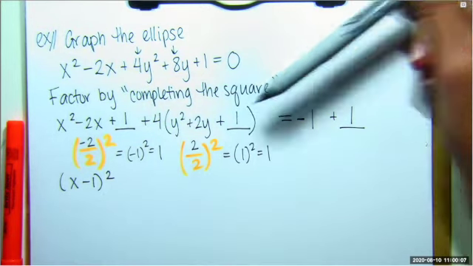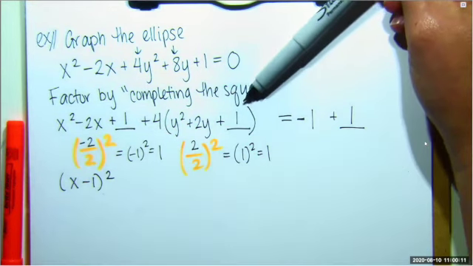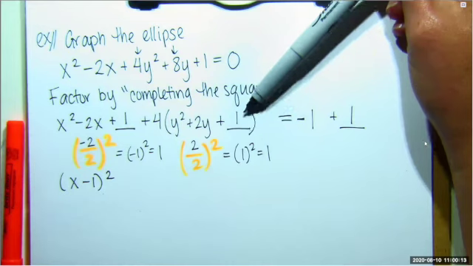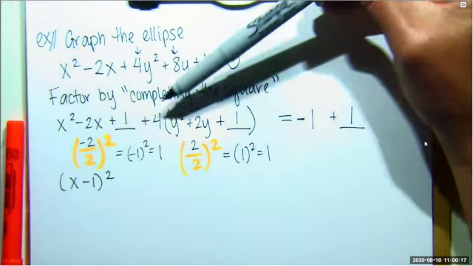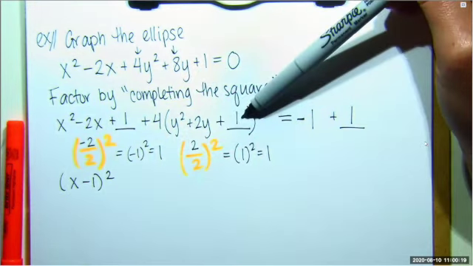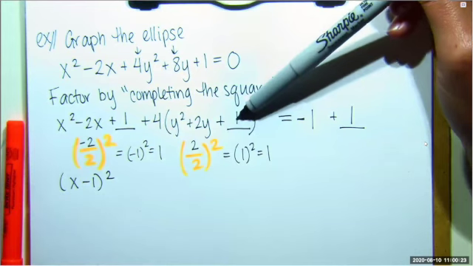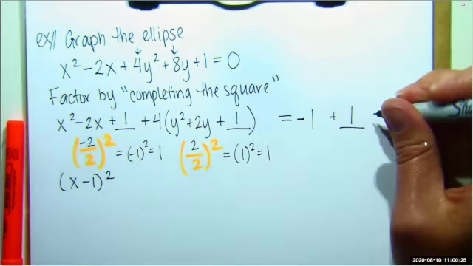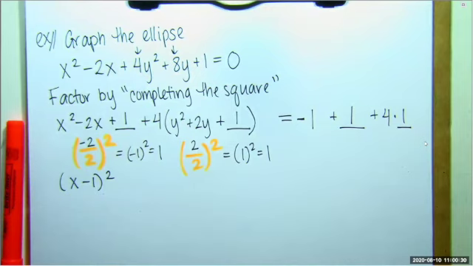Whatever I add to the left, I need to add to the right. Now, how many have I actually added right here? Not just a 1, look at this equation. I've actually added in 4 times 1. So if I've added 4 times 1 to the left side, I need to add 4 times 1 to the right side as well.